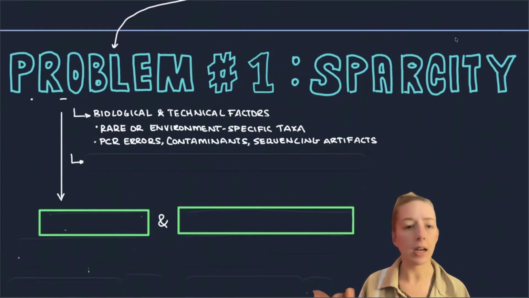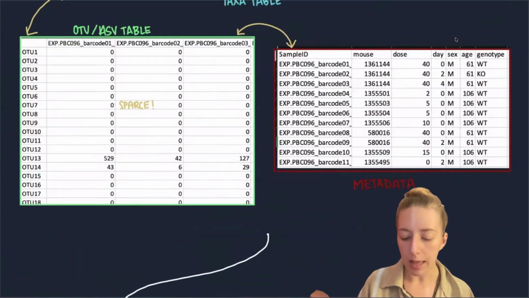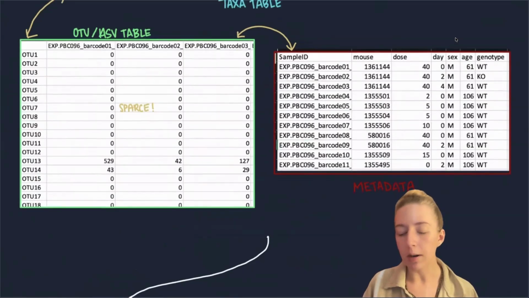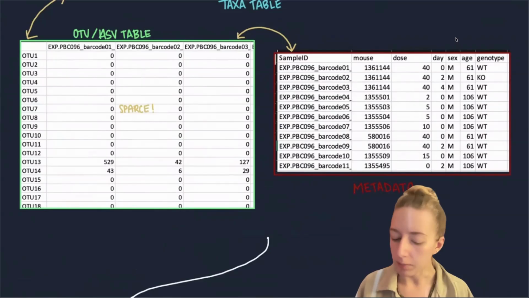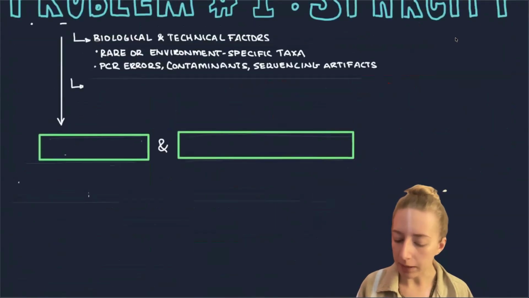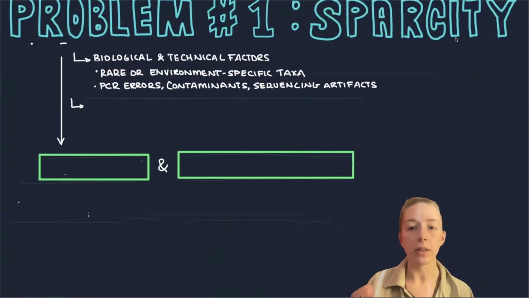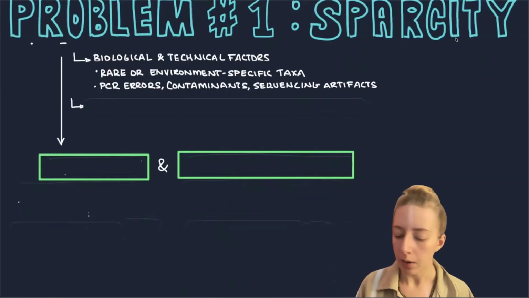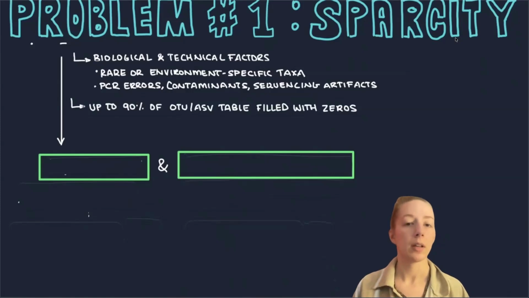So if they're only detected in a couple samples, they're still going to show up as an OTU or ASV, but then they're going to be zeros for the majority of samples except for maybe a few columns.